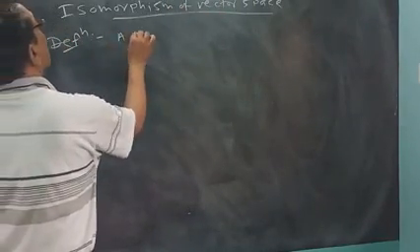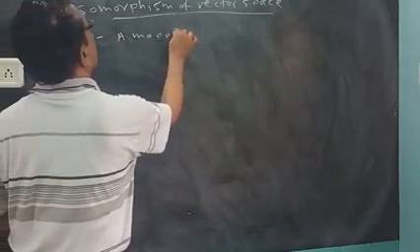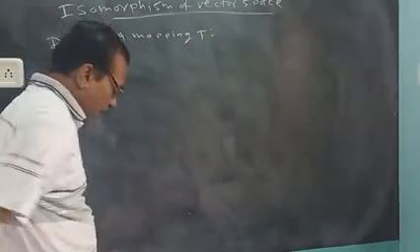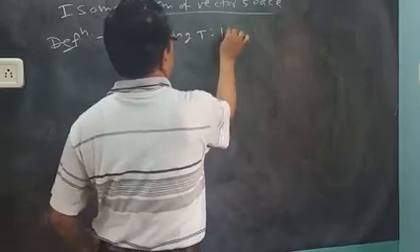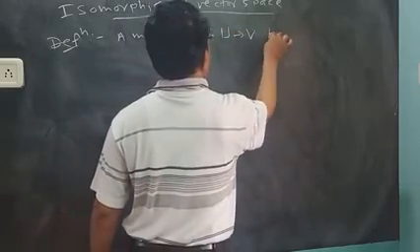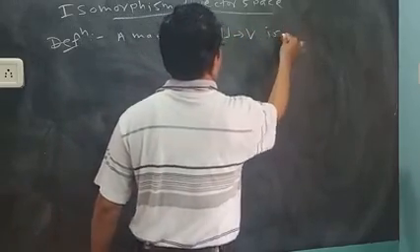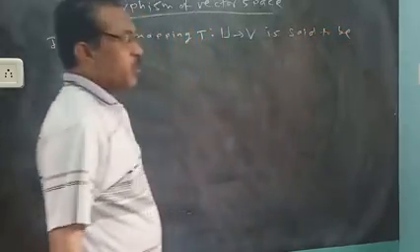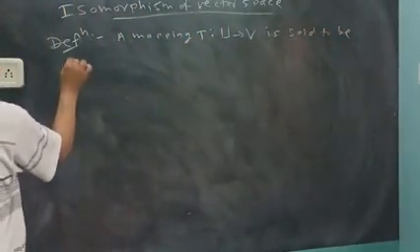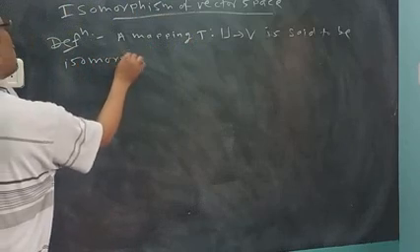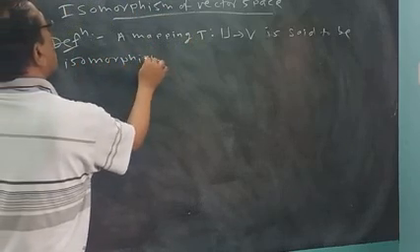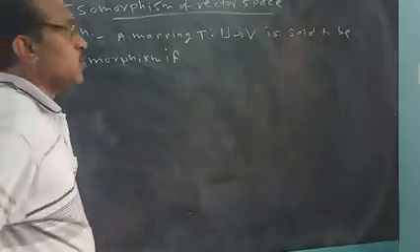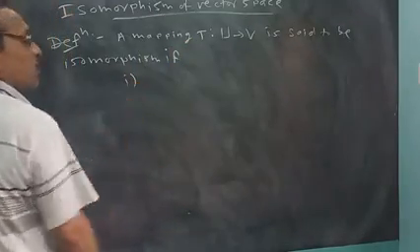So, a mapping T from vector space U to V is said to be an isomorphism if two points, as in a proof, we know.